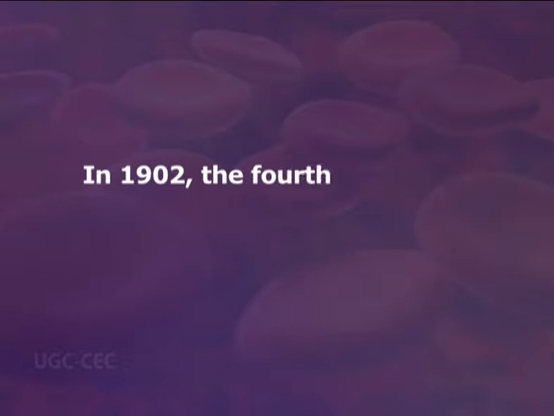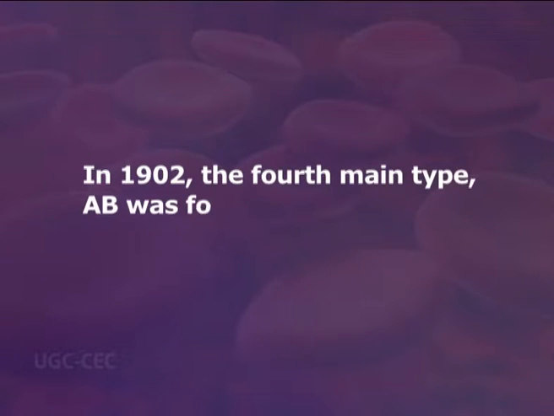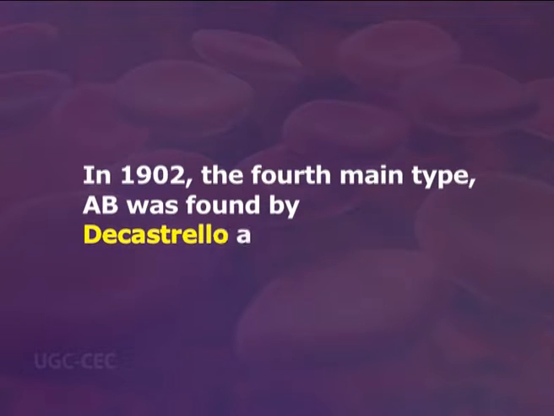His work helps to determine blood groups and thus opened a way for blood transfusions which can be carried out safely. In 1902, the fourth main type, AB, was found by De Castro and Sterling.